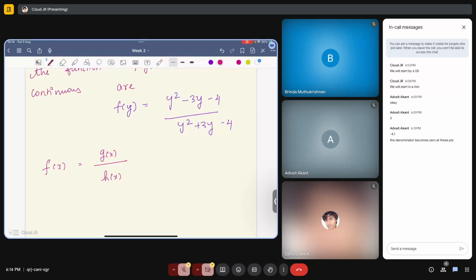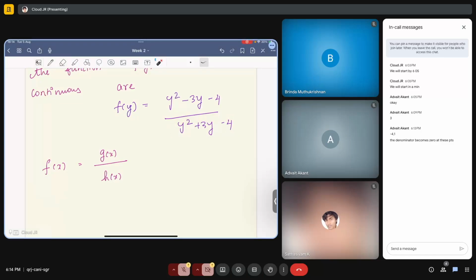So what we know is if you have something like this, and if both g and h are continuous, then f is continuous, provided h of x is not equal to 0. So the f of x is not continuous only when these points are 0.